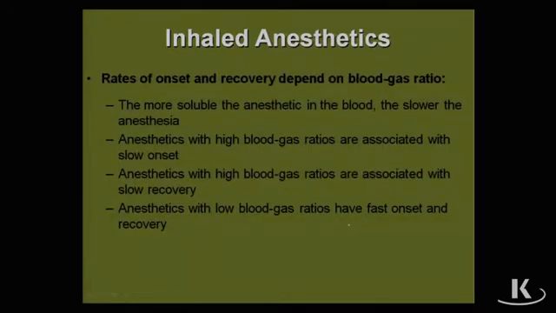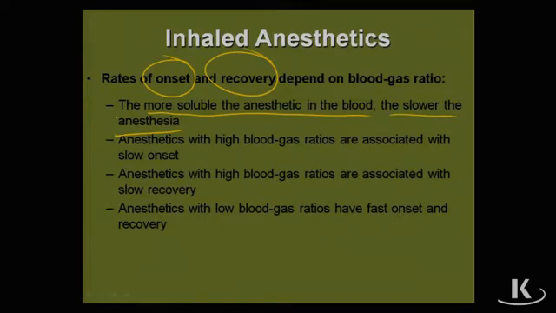Besides talking about blood gas ratios with the table and the diagram above, you have a small summary here of what blood gas ratio refers to in terms of its effect on rate of onset and recovery. The more soluble the anesthetic is in the blood, the slower the anesthesia.